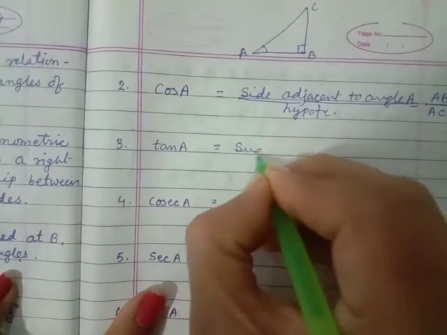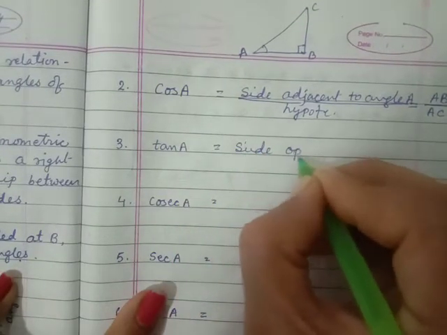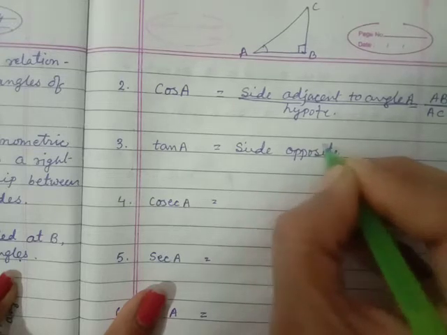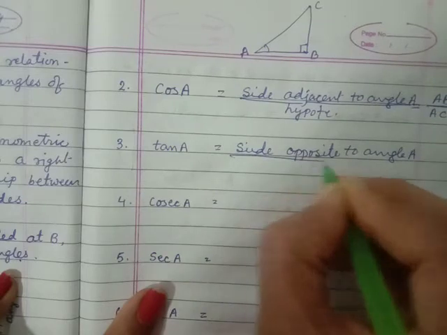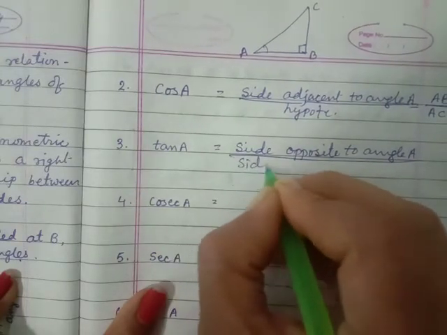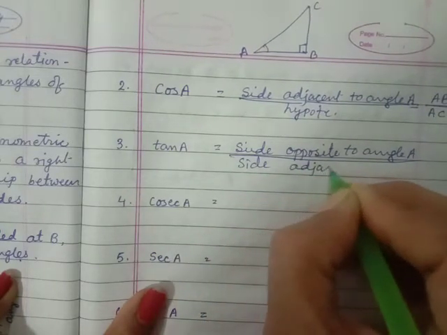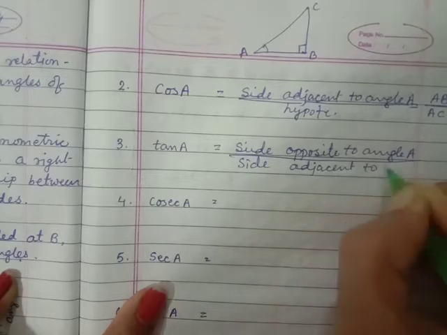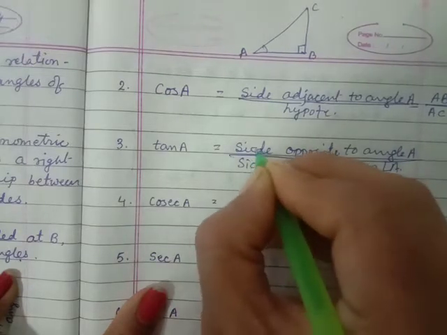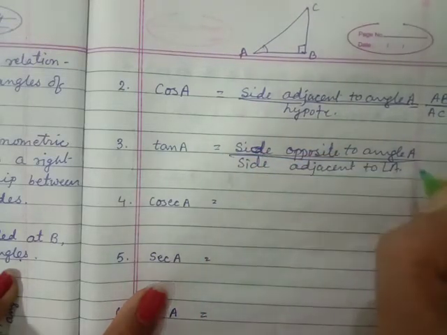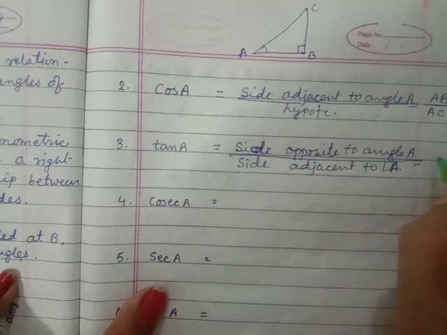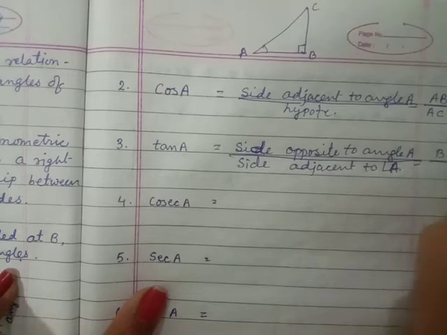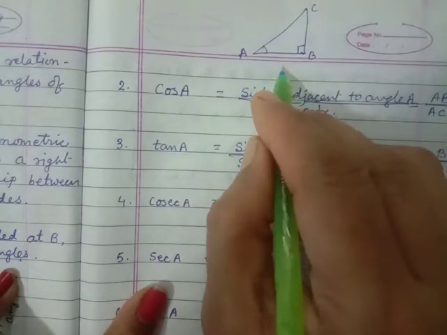Tan A is the side opposite to angle A upon the side adjacent to angle A. The side opposite to angle A is BC and adjacent to angle A is AB.